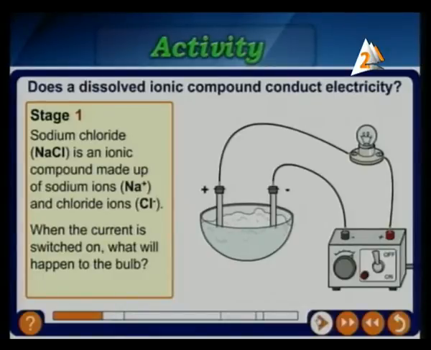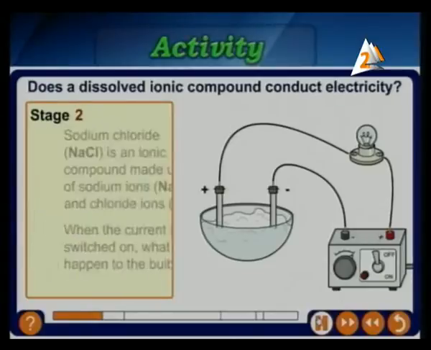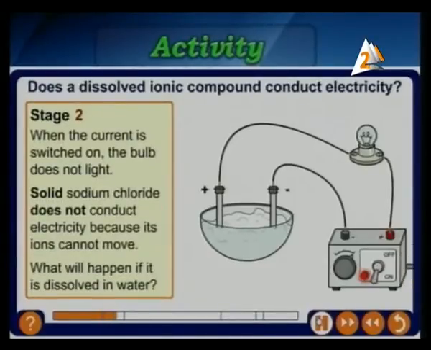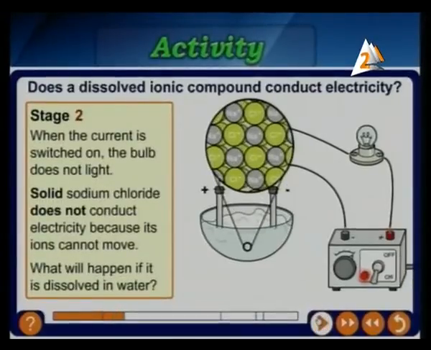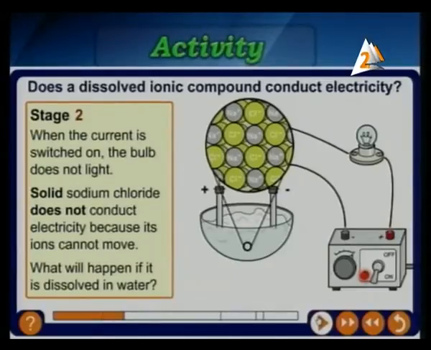When the current is switched on, what will happen to the bulb? Stage number 2: when the current passes through the solid, sodium chloride doesn't conduct electricity because its ions cannot move, since it is in the solid state.